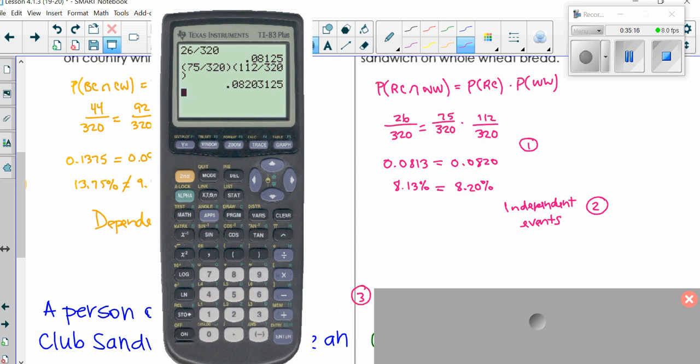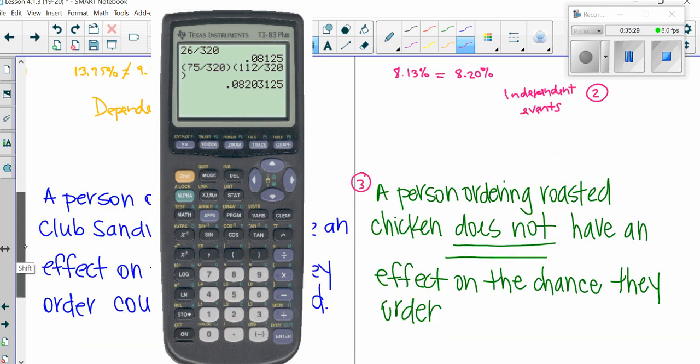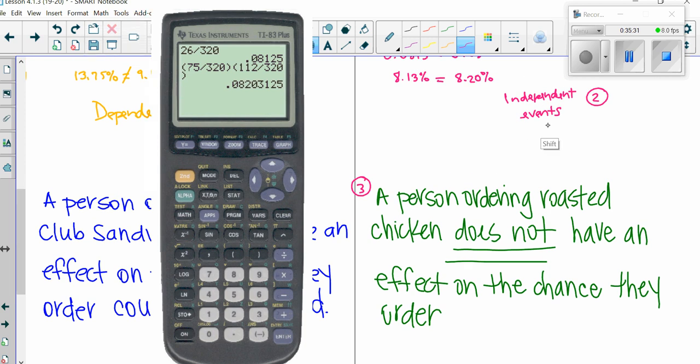Okay. So remember, independent events means that one event does not affect the other. So that means that roasted chicken does not affect the fact that they will get a whole wheat bread. They could pick any of the three. This would be an explanation of those independent events.